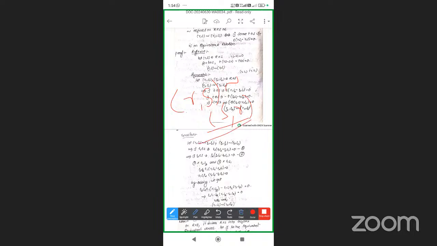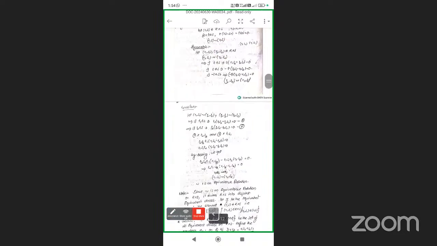Now symmetric. Let (r1, s1), (r2, s2) belong to R cross S, with (r1, s1) related to (r2, s2).